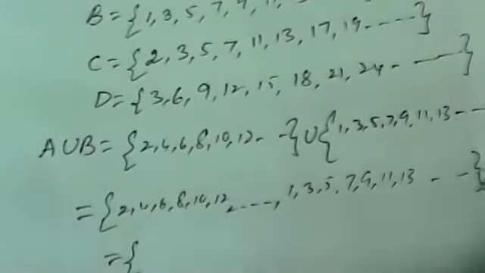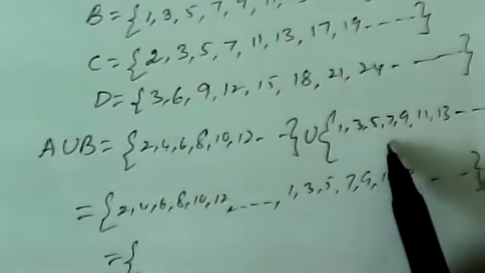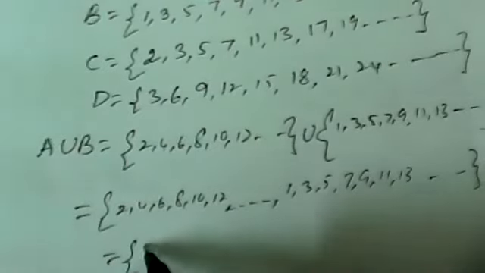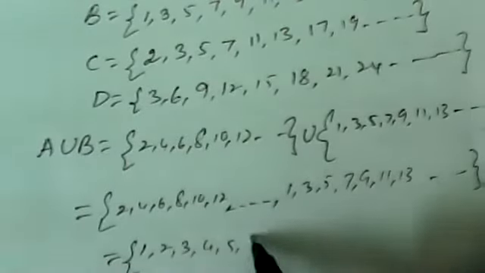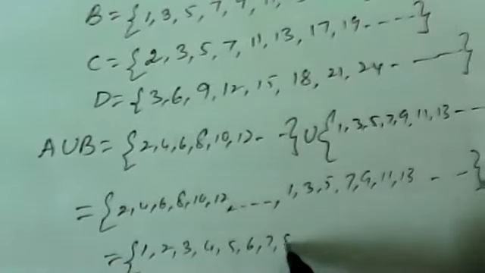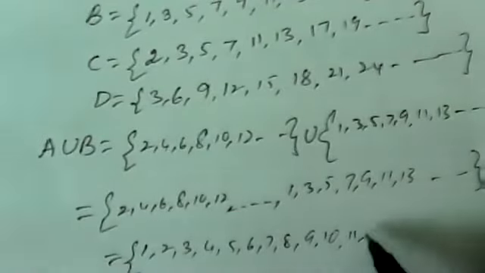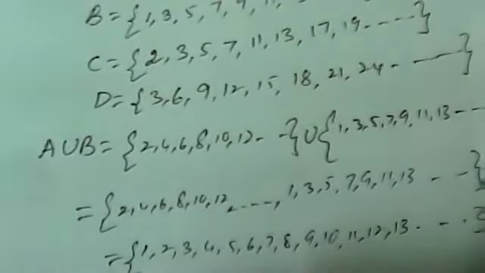If you arrange them in order, there are no common elements, you can see clearly. So we get 1, 2, 3, 4, 5, 6, 7, 8, 9, 10, 11, 12, 13, and so on. How can you write this set?